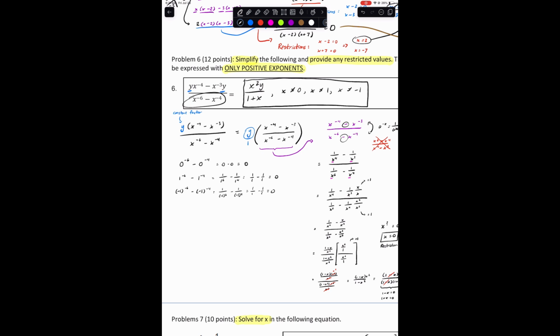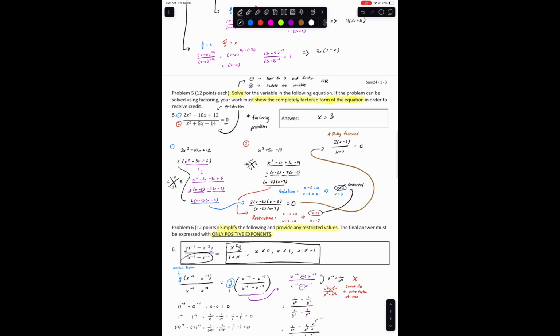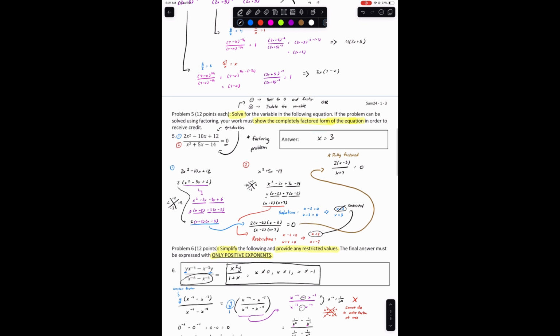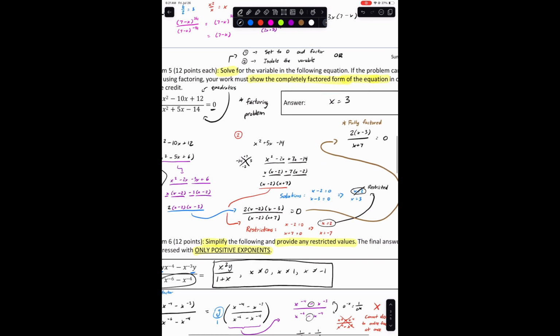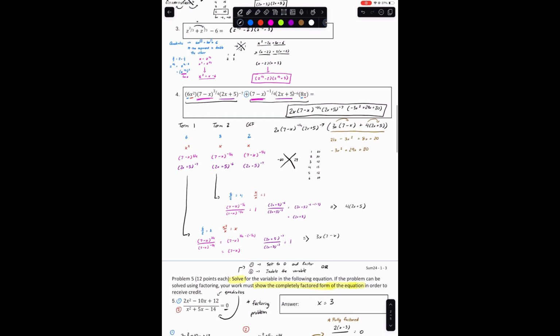All right. Number 5 is just a lot of factoring. Nothing crazy there, but also making sure that you solve for restrictions whenever you have a denominator. Obviously, at this point, you also know that logarithms have a restriction and radicals have a restriction, but I'll go over that in another video. Number 4 is just super tedious. You just gotta take out each common factor slowly and then simplify what you have remaining.